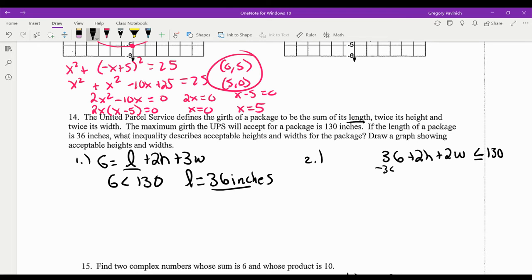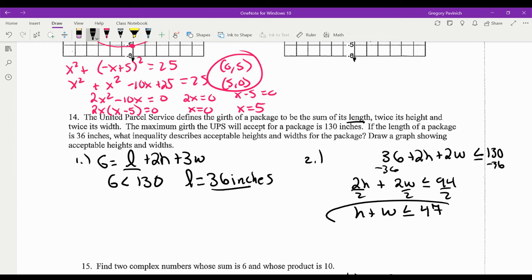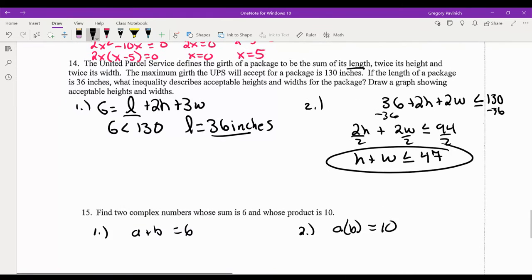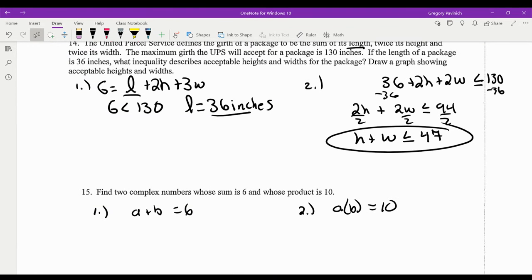So now I'm going to subtract my 36 over, and I get 2h plus 2w is less than 94. Divide everything by 2, h plus w less than 47. And that would be my package. I'm not going to graph that one, and I'm okay if we don't on this one. Okay, just being able to write that equation by reading the words.